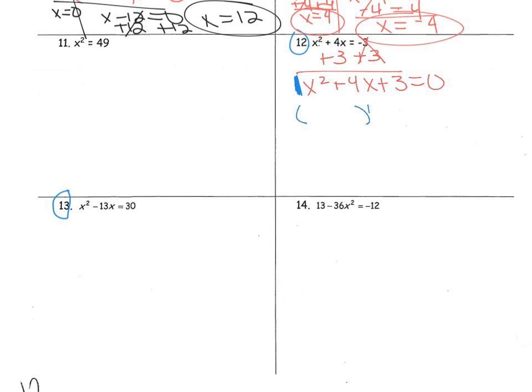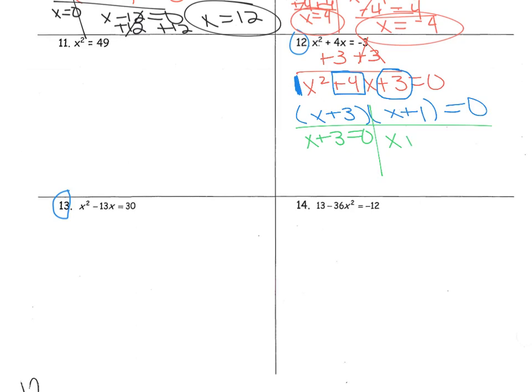So just double bubble. The two numbers that are going to multiply to 3 but add to 4 are 3 and 1. And then again, T-chart and solve for those roots. You'll get x to be -3 and x to be -1.